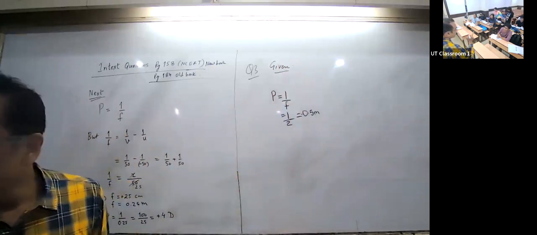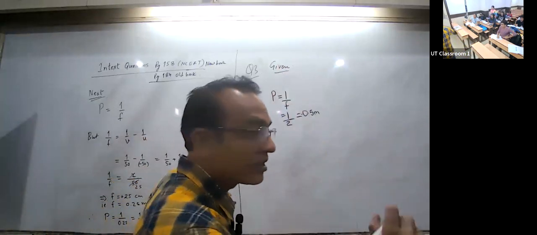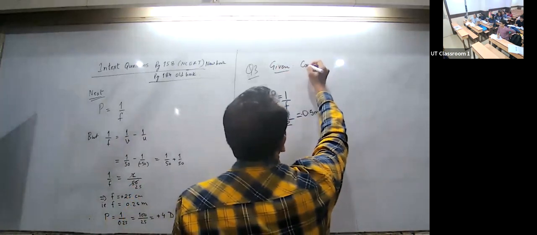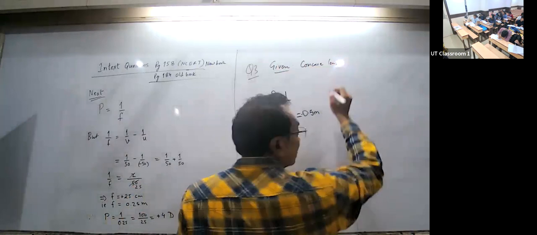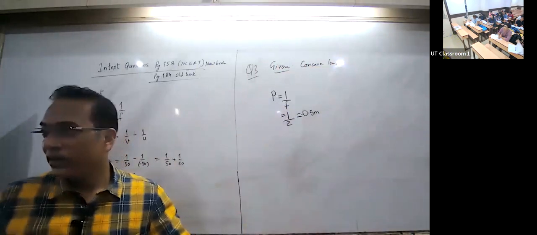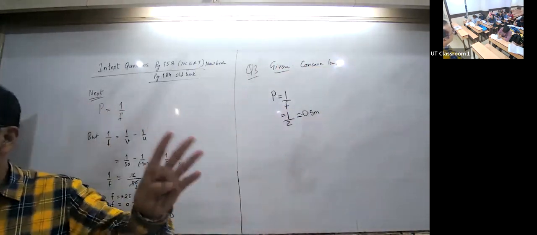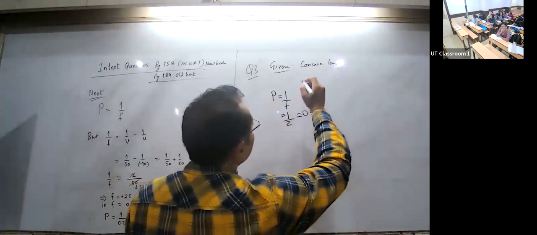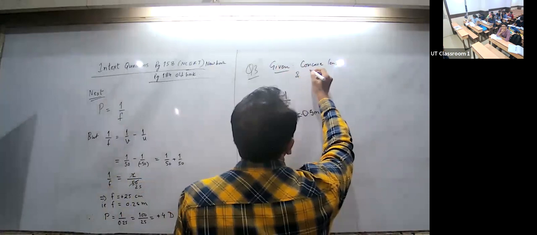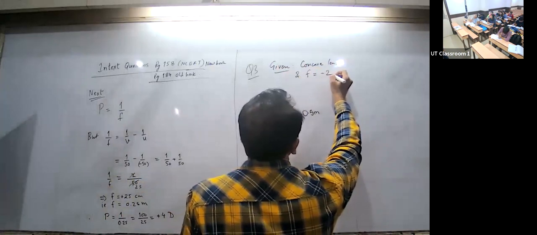Name of the lens is concave. See why you made a mistake? Because you did not notice that it is concave. Okay? Why the name is important? To get the idea about sign. Okay? So if it is concave lens, and what next is given? F is equal to therefore -2 meter.